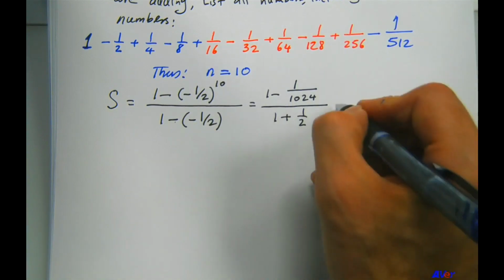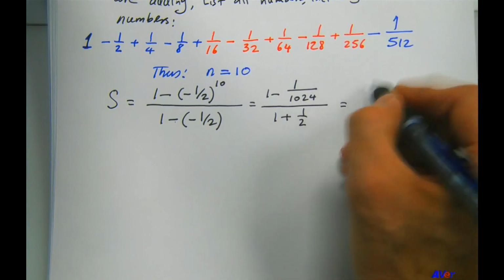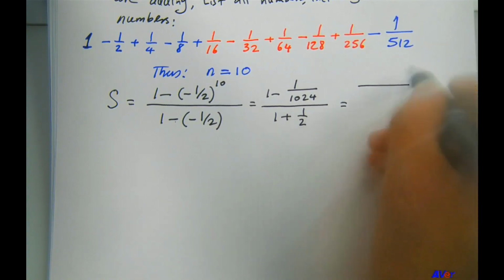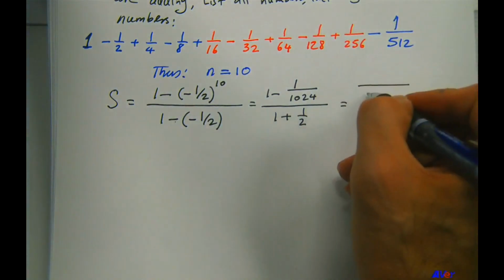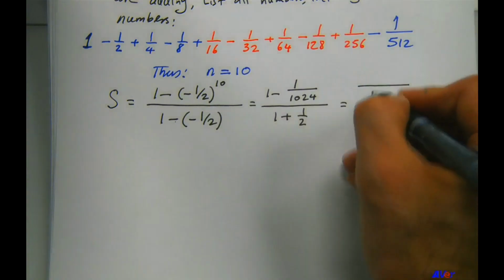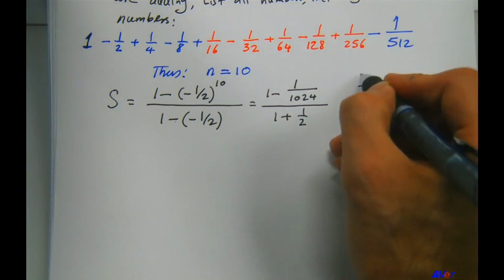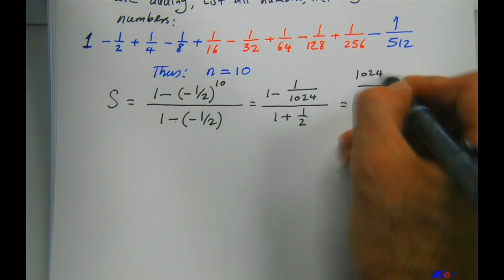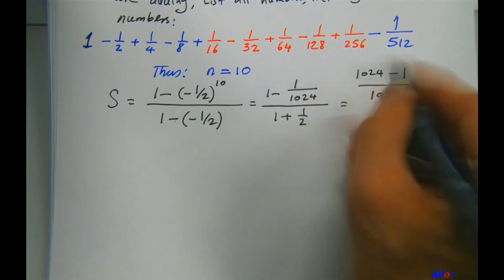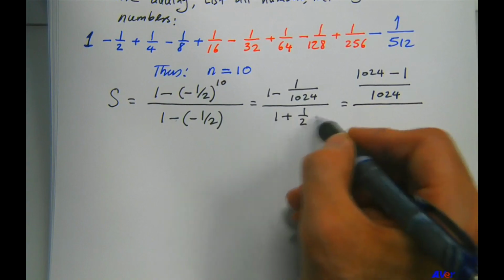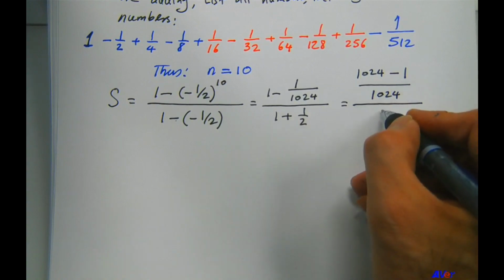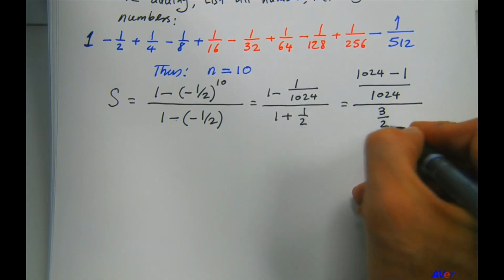Okay, so let's take the common denominator. I hope you're comfortable. If you were not comfortable with taking the common denominator, I hope now you are. So taking the common denominator here, we have 1024 minus 1. That's for the numerator here. And the denominator is just easy. 1 plus 1/2 is 1.5 or 3/2.